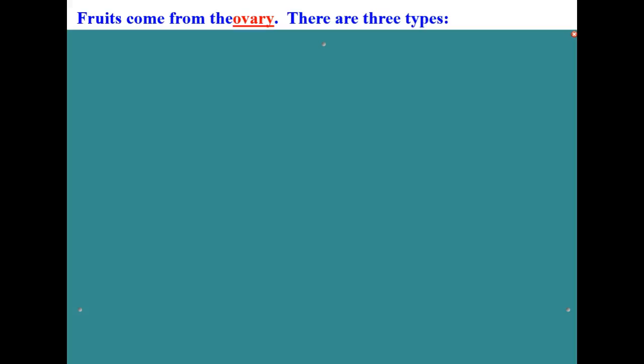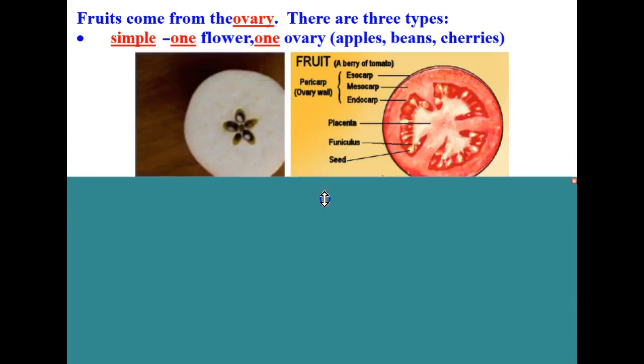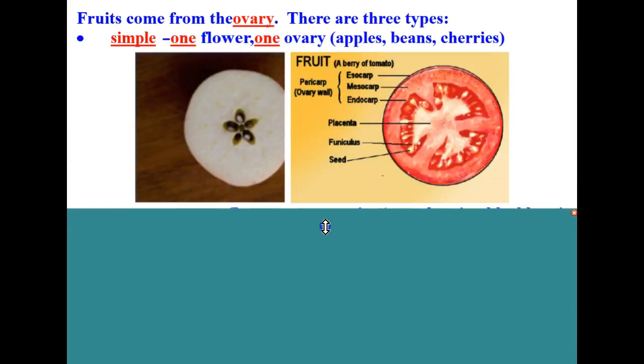After pollination, the ovary becomes a fruit, and there are three types that you need to know. There are the simple fruits, which come from one flower and one ovary. Examples are apples, beans, cherries, and tomatoes.